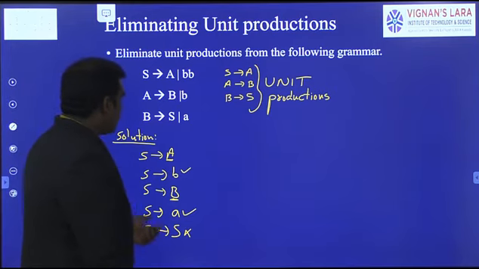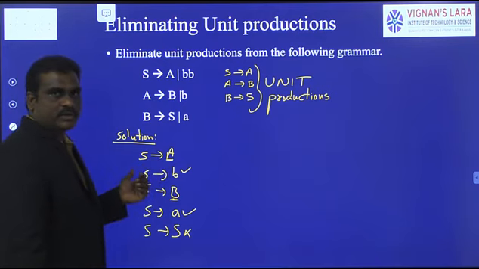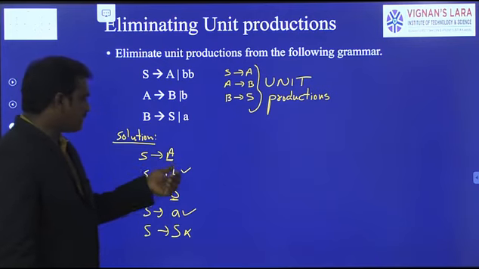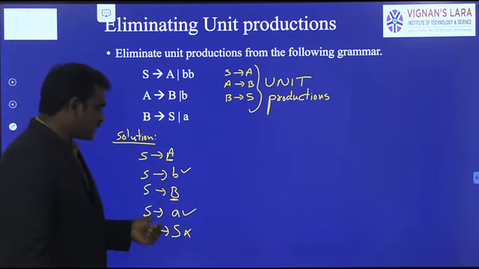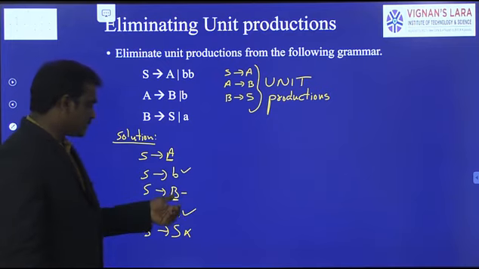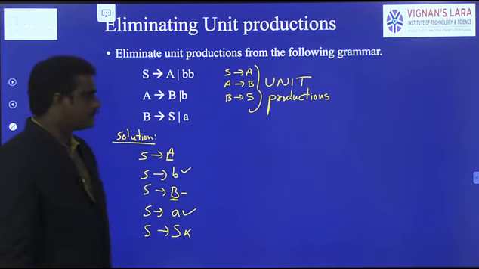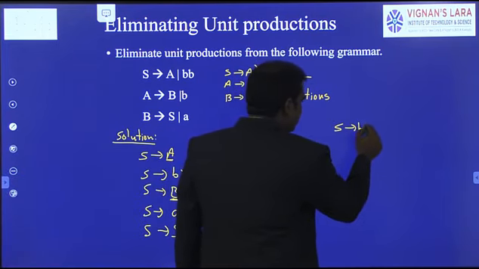After elimination of the unit production S to A, we get the S to B production and the second one, S to A production. Anyway, it is a unit production, so there is no need to write this one. Instead you can write S to A. The first production is S to BB.